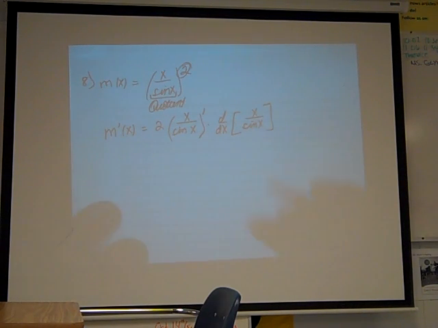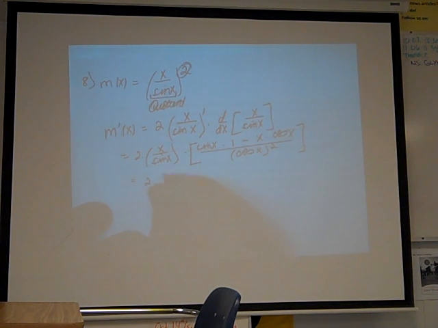Quotient rule. So this is going to be 2 times x over sine of x times, we're going to do our low d high, high d low, low, low. Low, sine of x, d high, derivative of x is 1, minus x times the derivative of sine of x, cosine of x, over cosine of x, the whole thing squared.